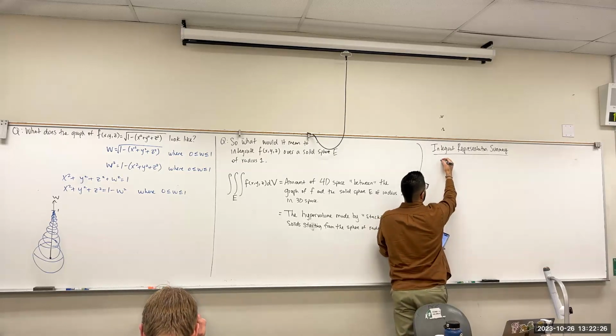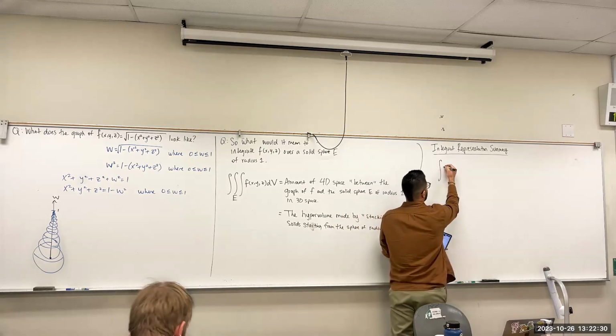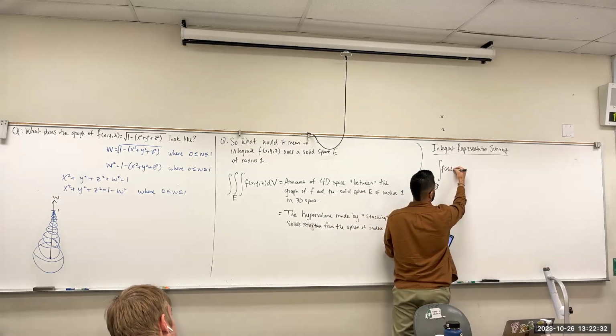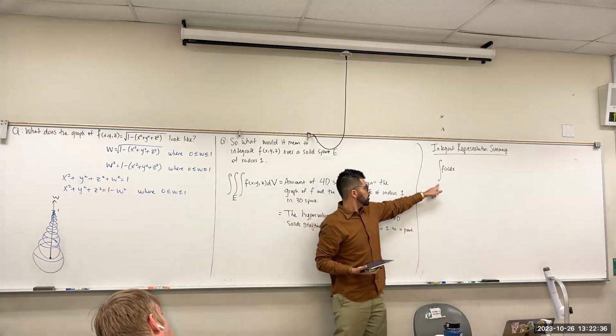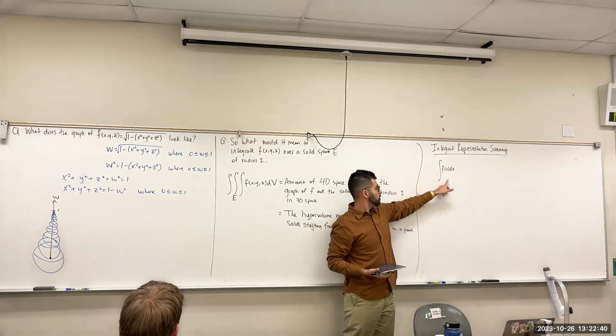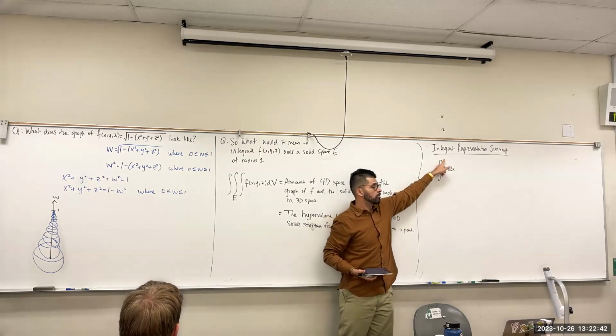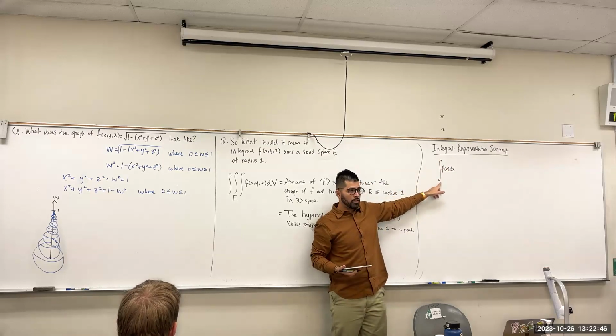All right. In Calc 1, you learned how to do an integral of some function, dx. Okay? What is the thing you were normally integrating over? What did you write here and here? From A to B, right?